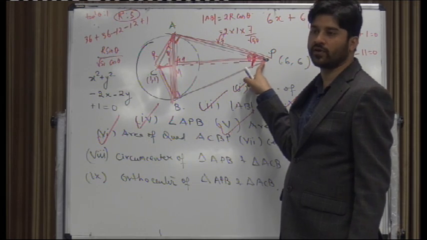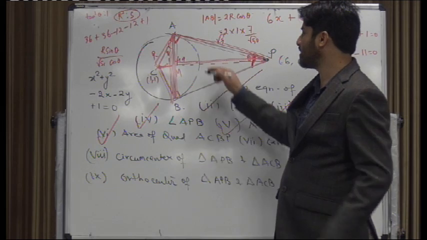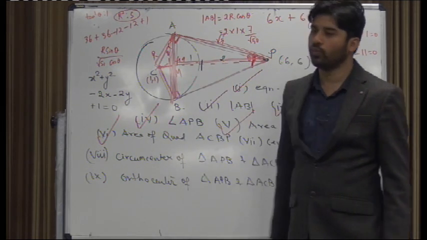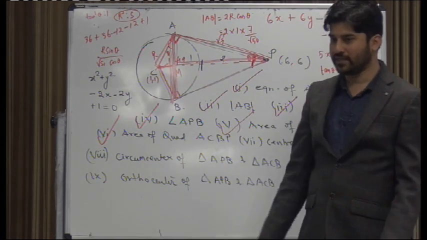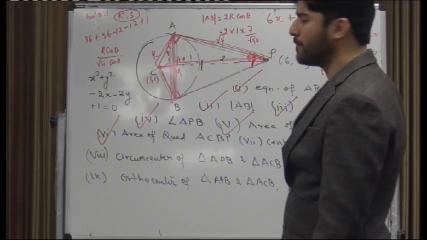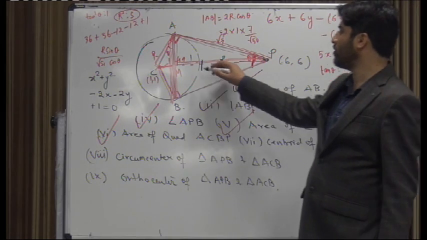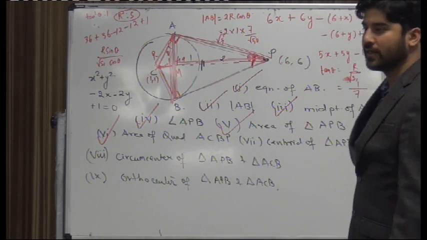We have already found it out. So I can say section formula 2:1. 1 would go to 6 and 2 would go to 55 by 7, 55 by 7, right? Whatever it was, the calculation doesn't matter, upon 3. So you've already found the centroid of triangle APB.